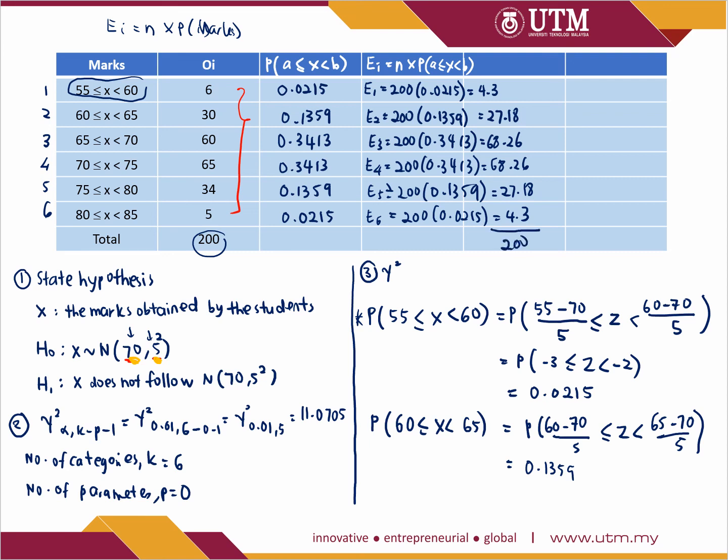Now we have found the expected frequencies. Next we find the chi-square test statistic using the formula: the sum of O_i minus the expected frequency, squared, divided by the expected frequency. Here we have 6 categories. Our O_1 is 6, so 6 minus 4.3, squared, divided by 4.3, and you should get 0.6721.